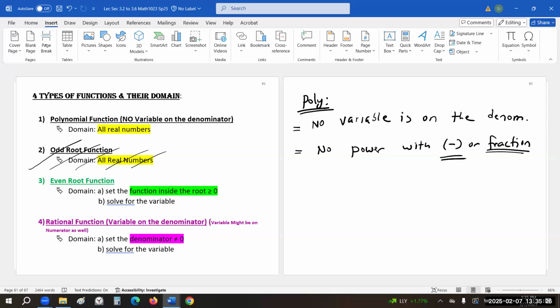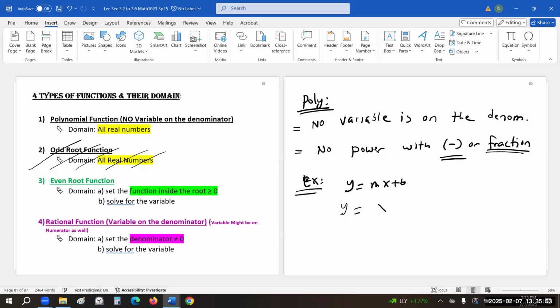This is the definition I remember as far as I know. I don't have an example at the moment. For example, y equals mx plus b. It's a polynomial because y and x both have positive whole number powers.